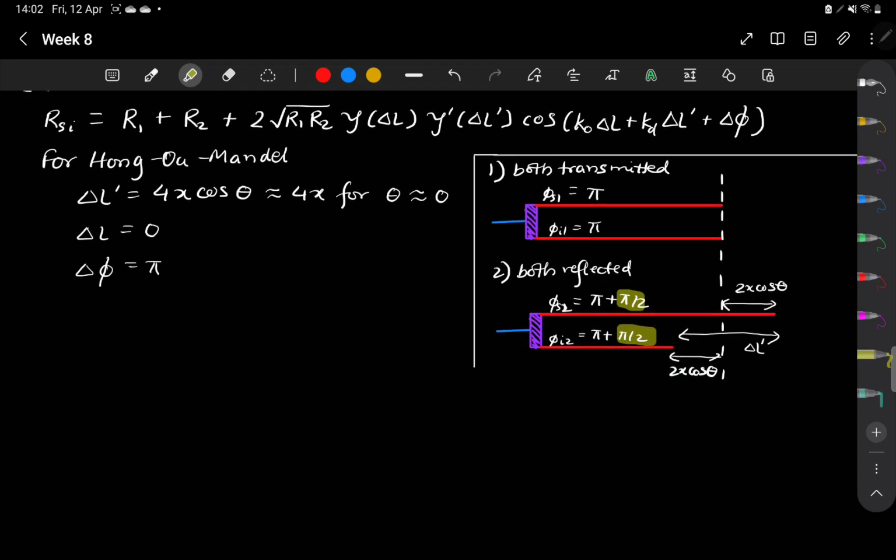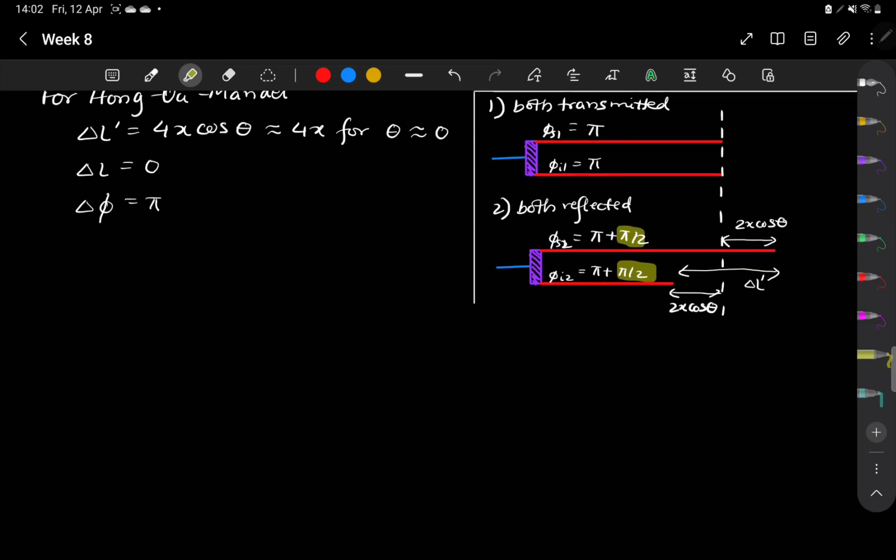Okay, so we can now proceed. Also, we are given that KD is 0.